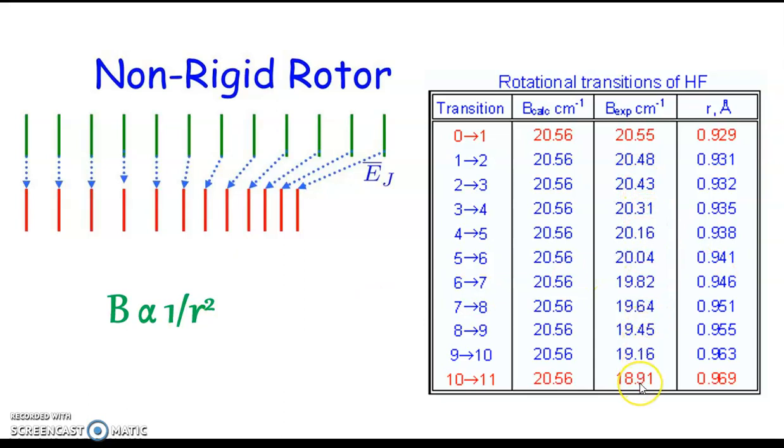So, as B decreases, bond length increases.